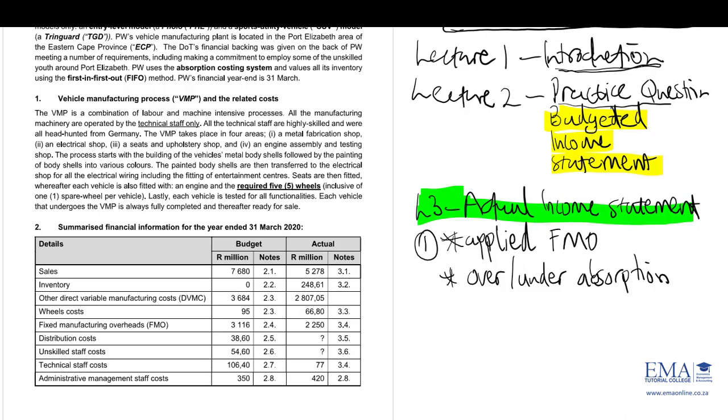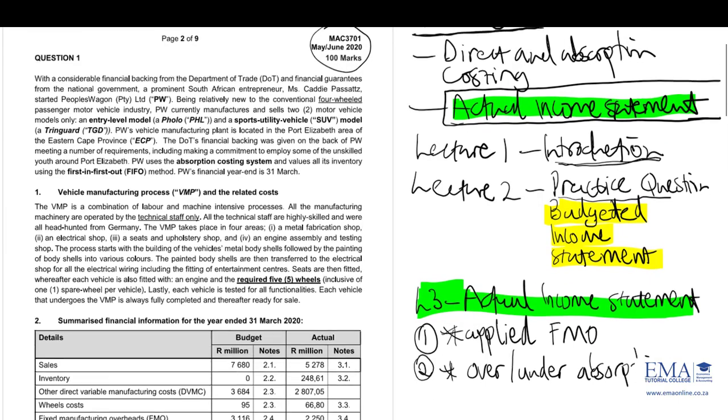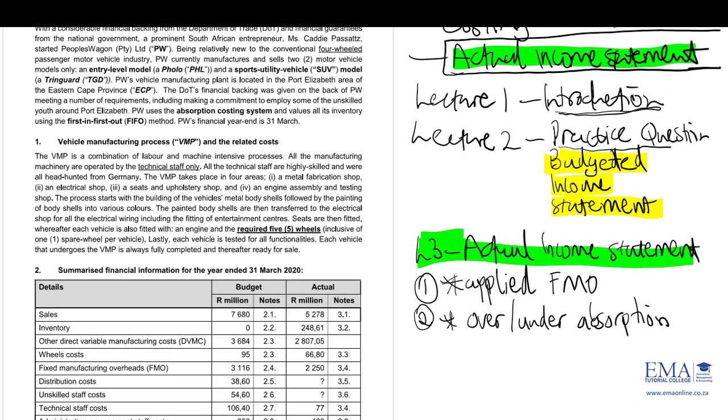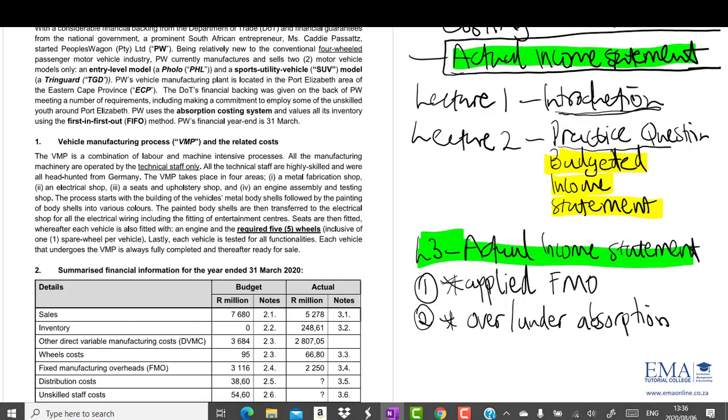With an actual statement, you have to use what we call applied fixed manufacturing overheads, and also you might be required to calculate what we call an over or an under absorption. So these are the main 2 differences between the budgeted statement and an actual statement. I'll explain this in detail as we look at this question.